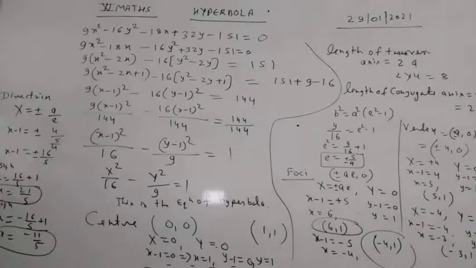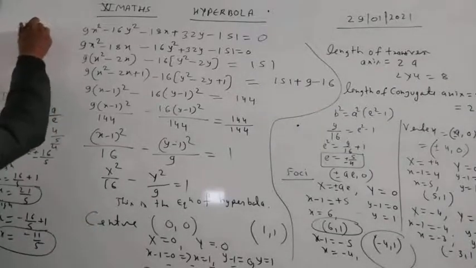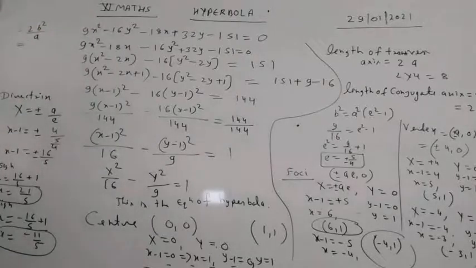Okay students, and our latus rectum will be 2b square by a.